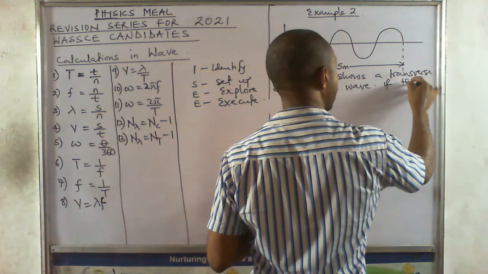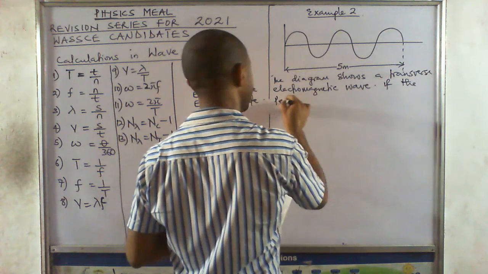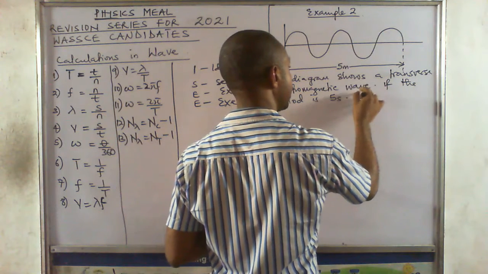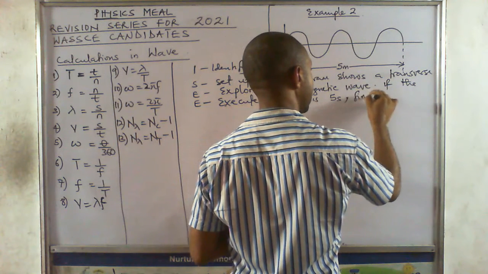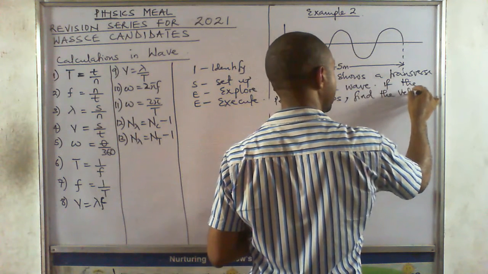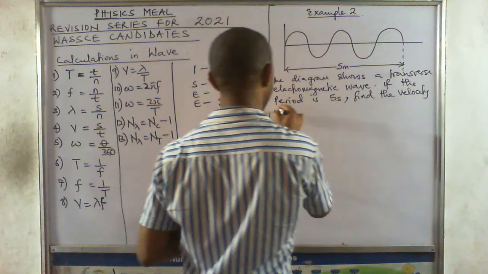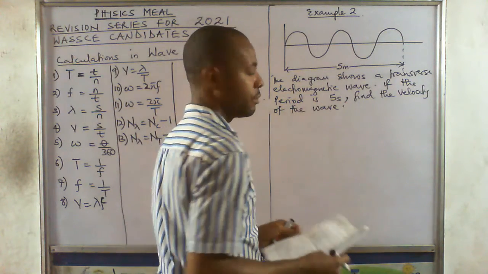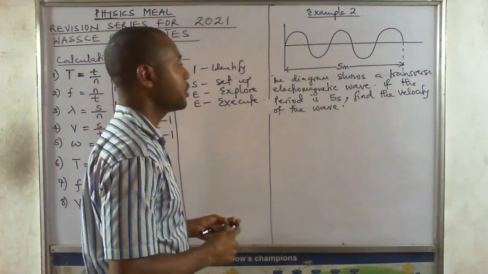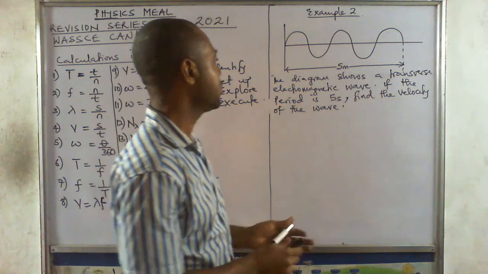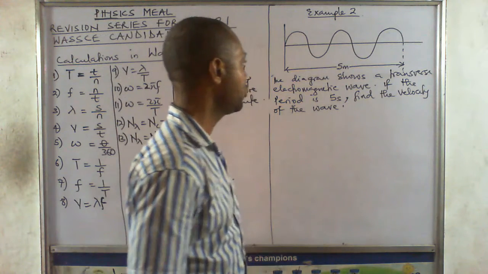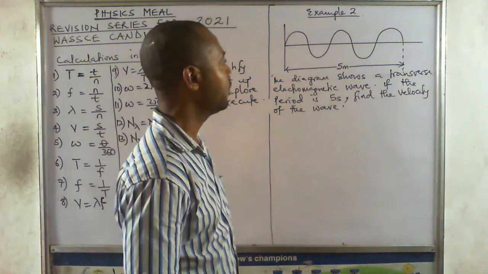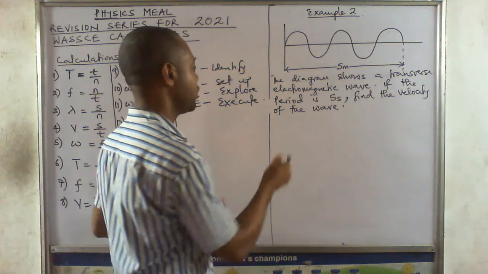If the period is 5 seconds, find the velocity of the wave. So the diagram shows a transverse electromagnetic wave, and they say if the period is 5 seconds, find the velocity of the wave.